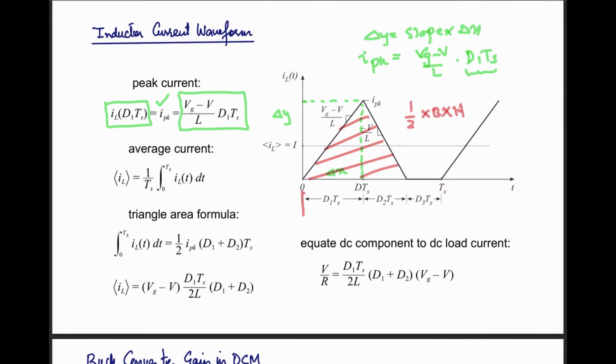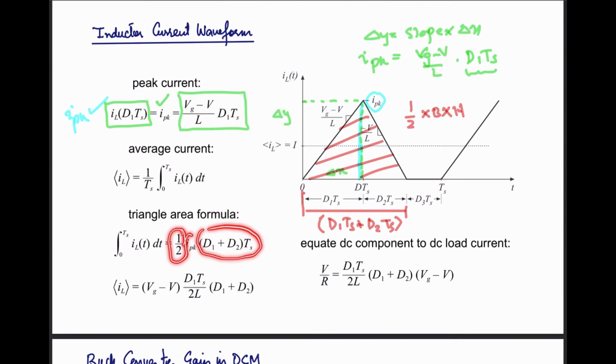What is the base? The base is from here to here, that is d1 Ts plus d2 Ts. And what is the height? The height is equal to the peak current, this one, which we have evaluated over here as IPK. So we will be using this peak current from this equation, and we know that the base is this one.